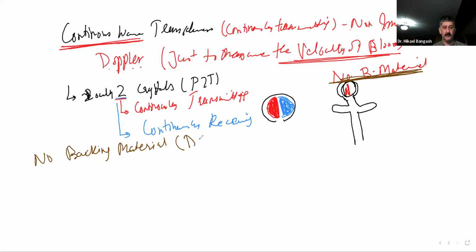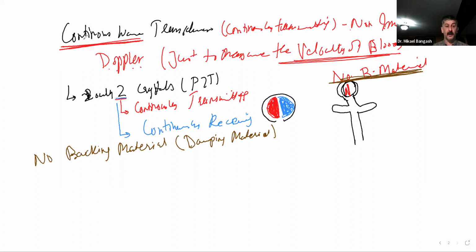This backing material was also called the damping material, the substance, the component of the transducer that would cause it to go from continuously transmitting or receiving to turning it into a pulse wave transducer.